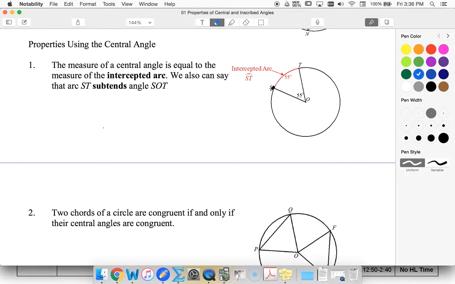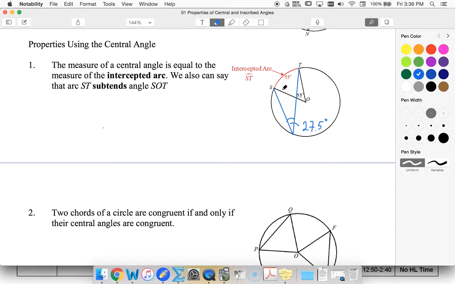Remember, we also saw the theorem that said if I draw from the circumference to my intercepted arc, then I can also see that this angle, I know from what we studied before, is going to be half of the central angle, so that's going to be 27.5 degrees.